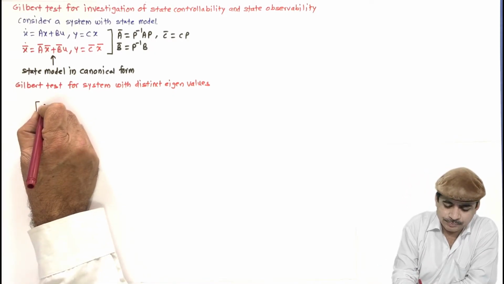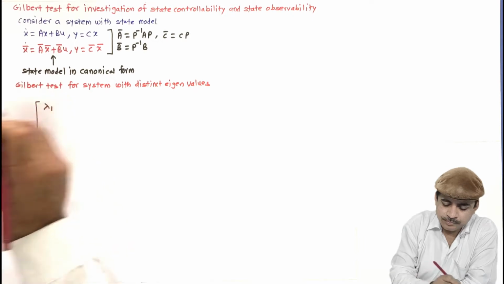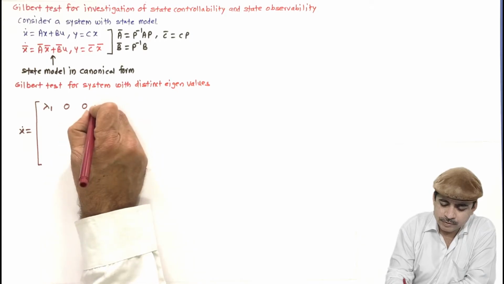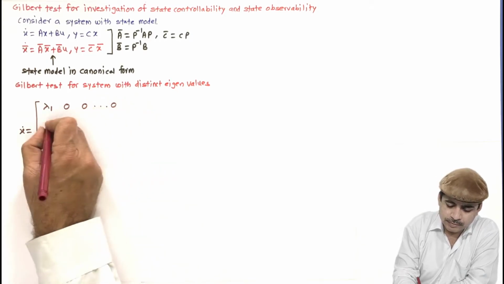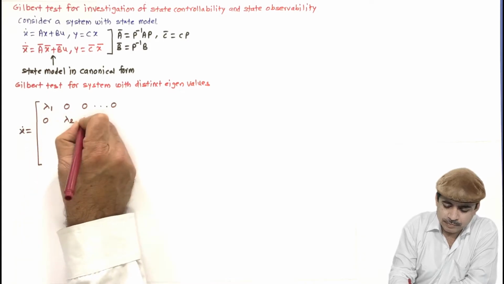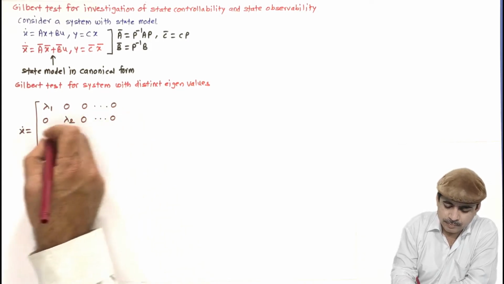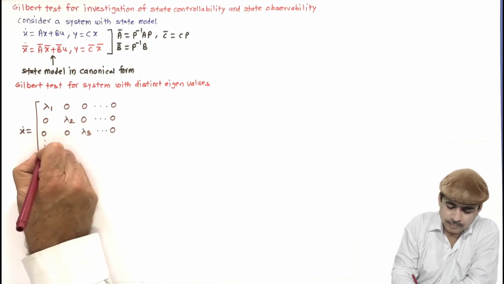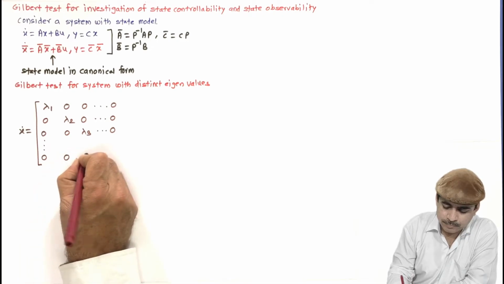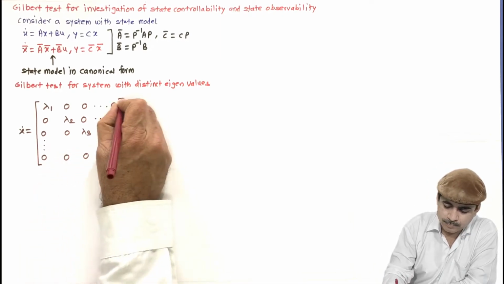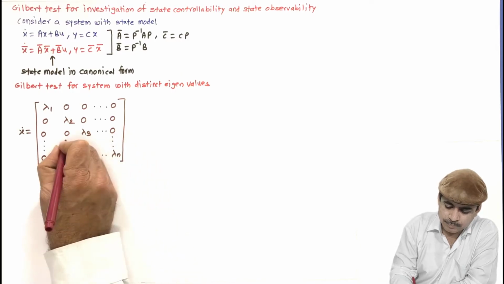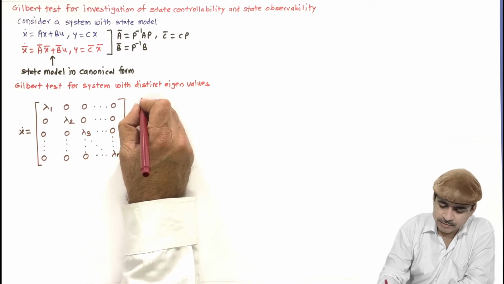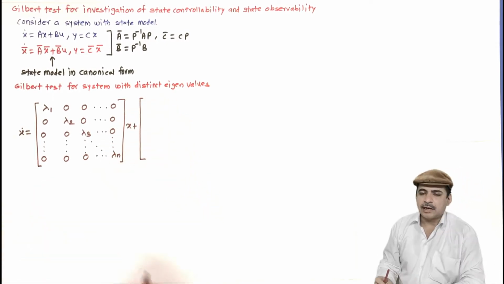That system has nth order or n roots, and also the system has r inputs.